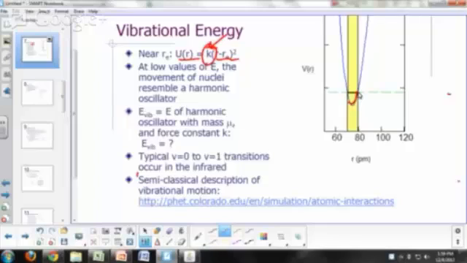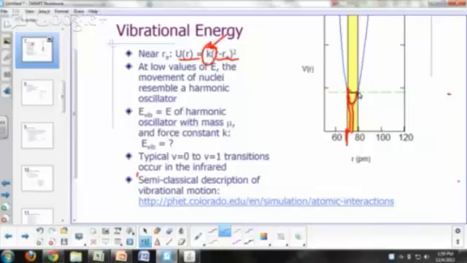Once they reach about 74 picometers, they're starting to get too close for comfort. So they slow down. There's going to be net repulsion between the two, and then eventually they'll stop. The closest distance they'll approach would be about 70 picometers, and then repulsion sets in.